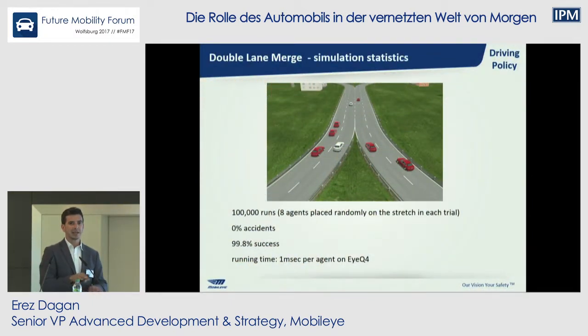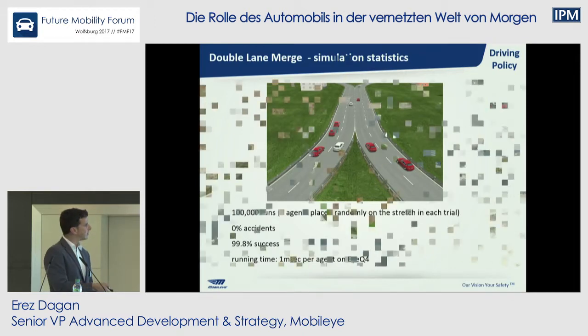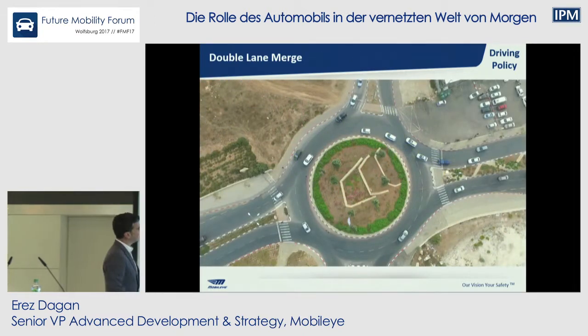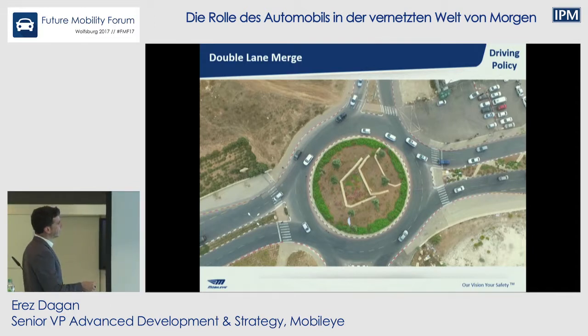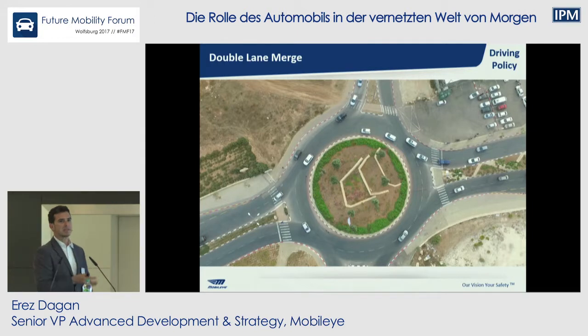That's exactly what happens here. You enter the roundabout and you want to exit somewhere, and the other person enters here and wants to exit another place. And that's a classic case where the negotiation is becoming very, very critical.